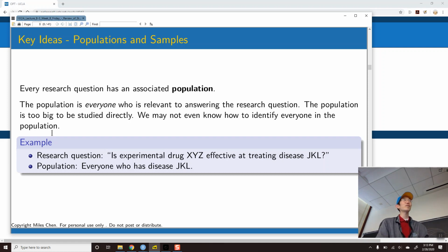So finding out the population is hard. In the United States we do a census once every 10 years, and it is a giant undertaking, right?